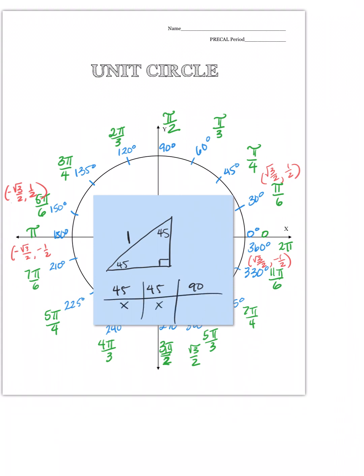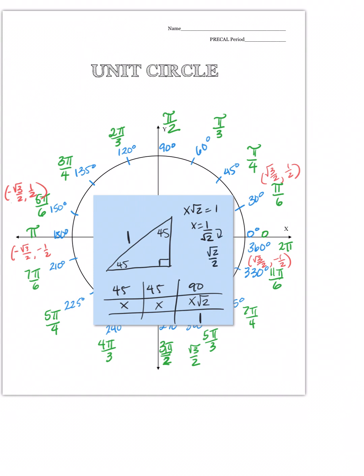These sides are equivalent, and the hypotenuse is x square root of 2. So if I know that this is x square root of 2 equals 1, so if I do the algebra, x has to be 1 over the square root of 2, but I can't leave it like that. Right? I have to rationalize it. So when I rationalize it, I end up with the square root of 2 over 2.